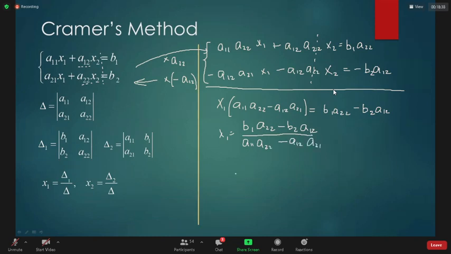If you just look at the bottom part, you have a11, a12, a21, a22. See what we have there. We have exactly the system determinant. So you see, these determinants don't come from nowhere.